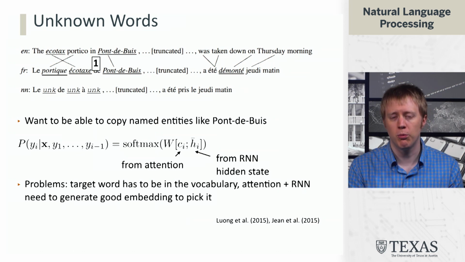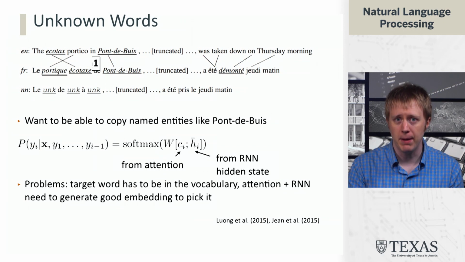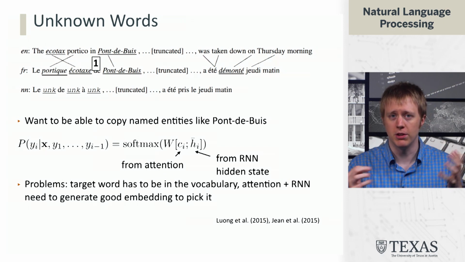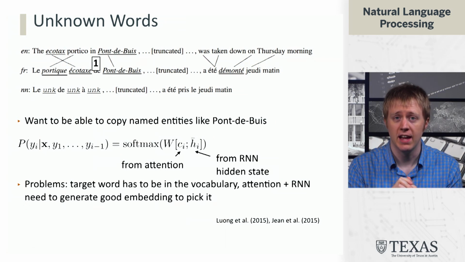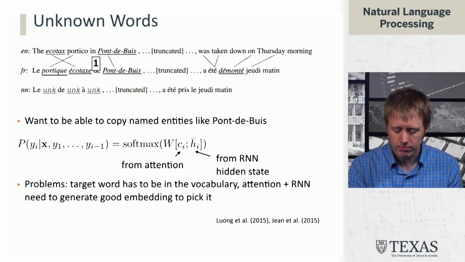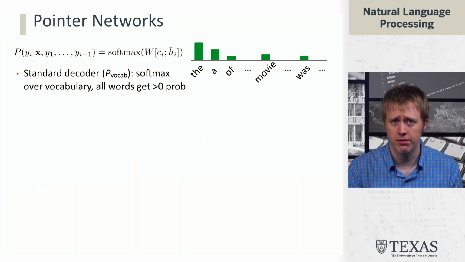And even if it were in the vocabulary, the attention is still reckoning in terms of these embeddings, and you need to compress the input into this good C vector and then have that set up correctly in order to generate the right token. So there are a couple of issues here, and we're going to see how to solve them with a mechanism that we call pointer networks.